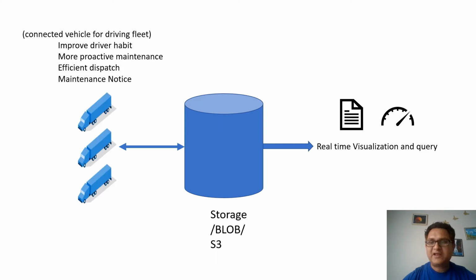If we are getting real-time data from, let's say, thousands of trucks running across the US, and every truck is sending real-time data, that means we are getting maybe terabytes or petabytes of data. So we have to make sure that we are storing data in an efficient and cost effective manner. Take the example of storing in CSV.